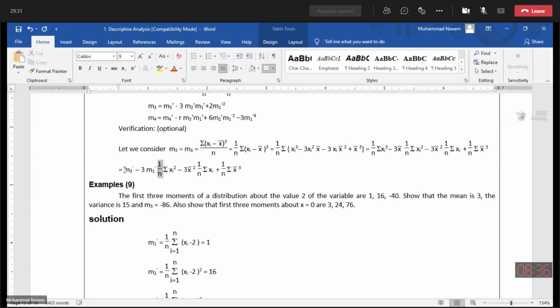And this expression 1 over n sigma xi square is exactly the second moment about origin, M2 prime. M1 prime, this one, M2 prime, this one, M3 prime.